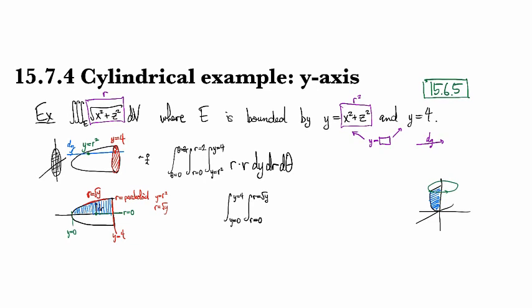Okay, and so in that picture, this rotation goes this way here. So we go from theta equals 0 to theta equals full circle. And then the integrand is the same, r squared. And then this time we did dr first, and then dy, and then d theta.